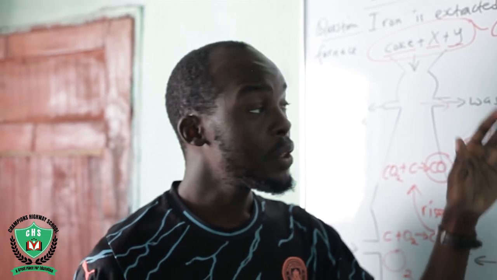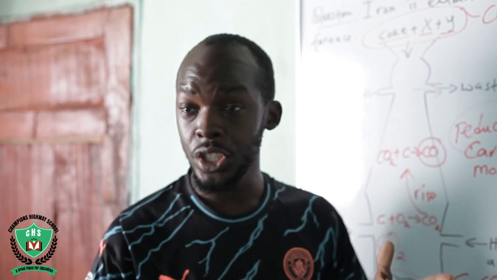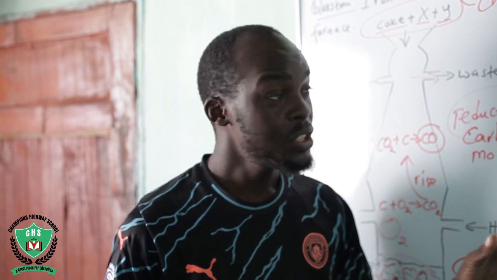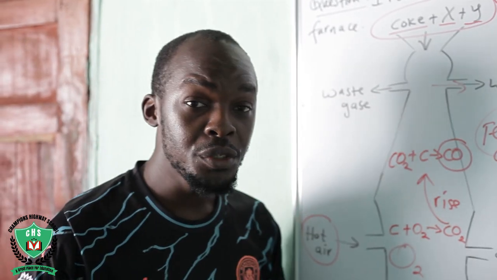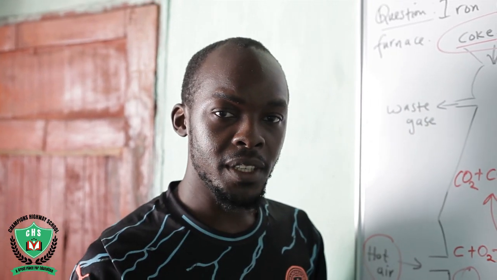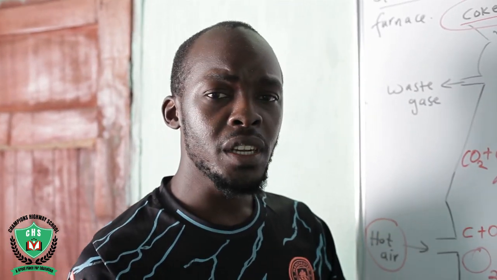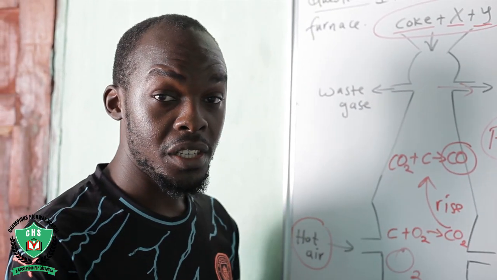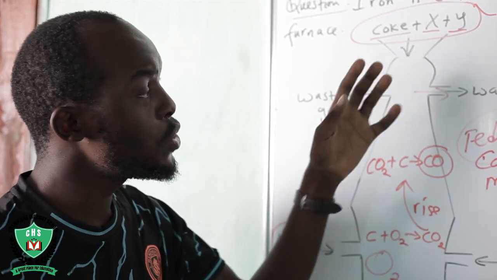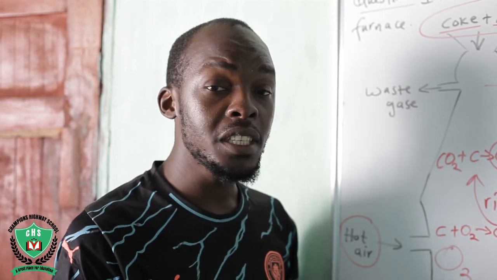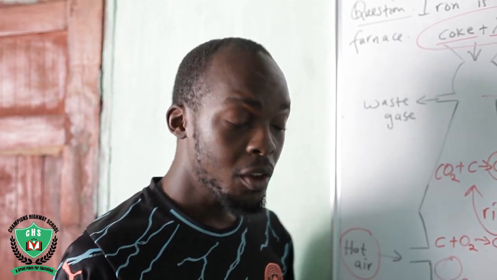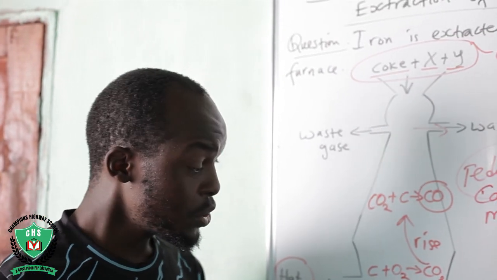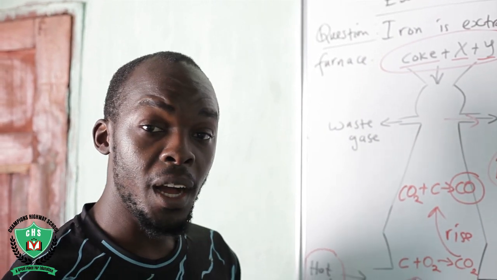So we need to know the chemical name and the common name of these iron ores. Also we need to know what is fed in the blast furnace, and that iron is extracted by the process of reduction in a blast furnace. And we need to know also the reactions that take place in a blast furnace when iron is being extracted. So these are the things we are supposed to consider.